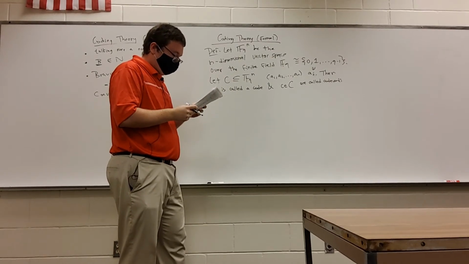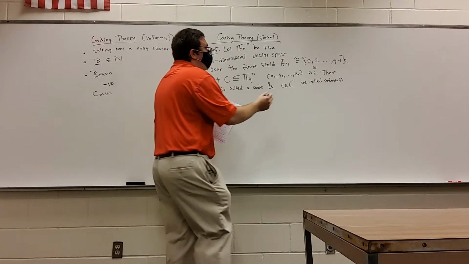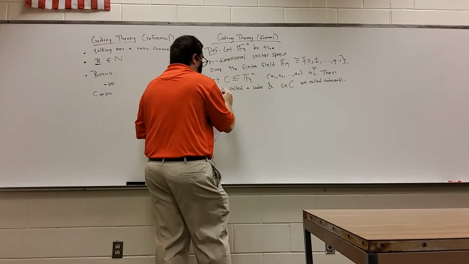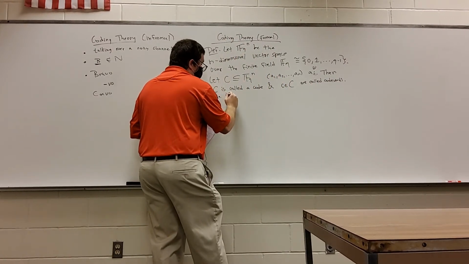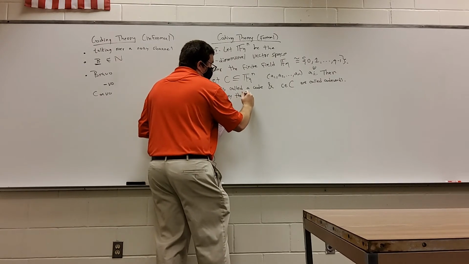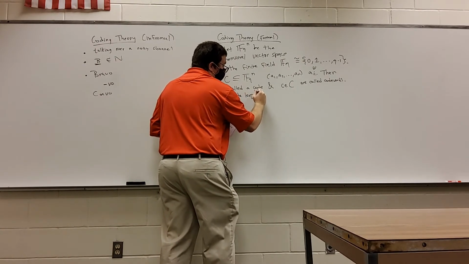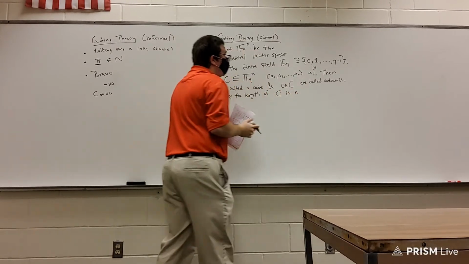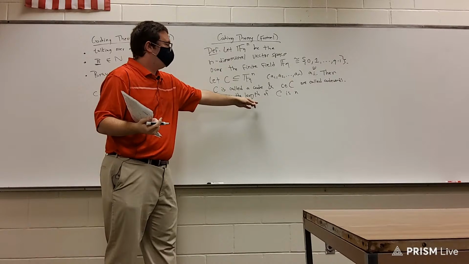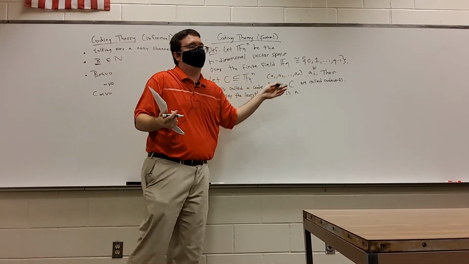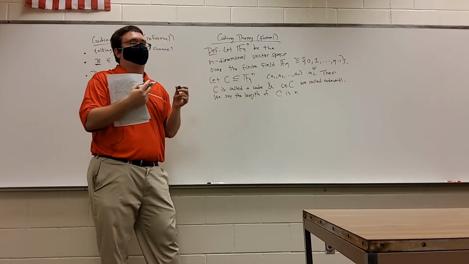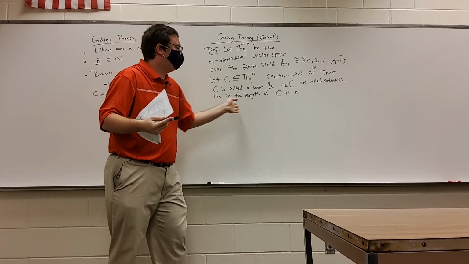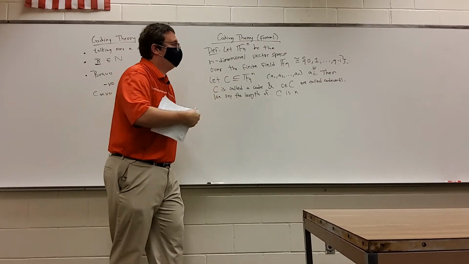And then we say the length of C is n. And the length just means how many coordinates are in each code word. So there's n coordinates, so we say the length of C is n.